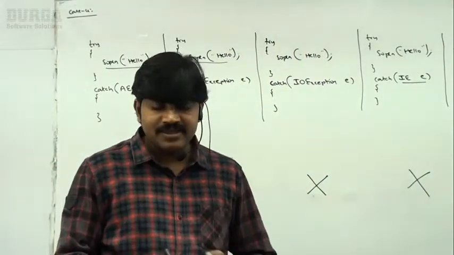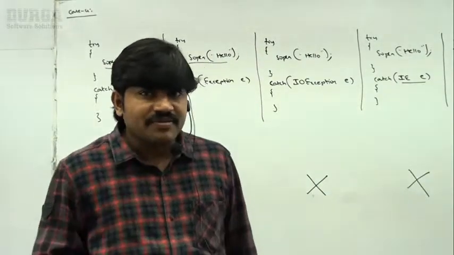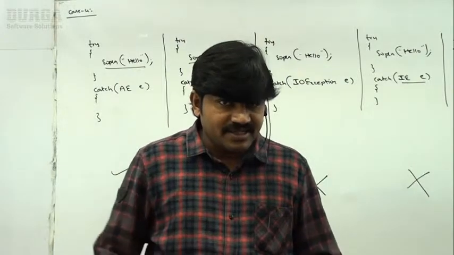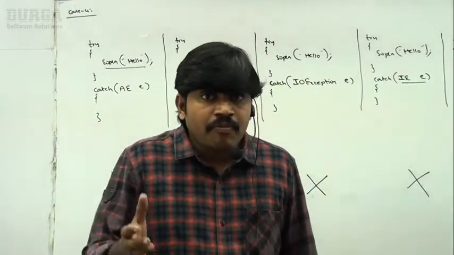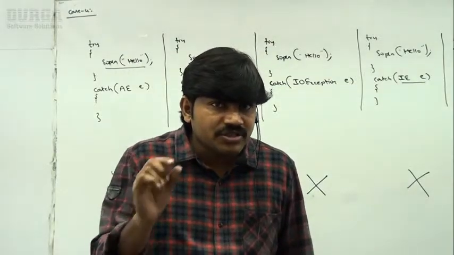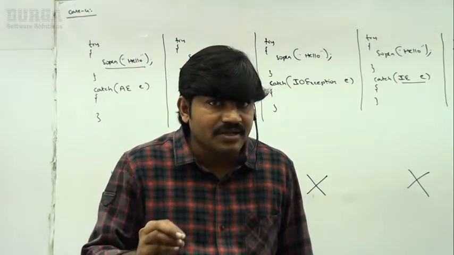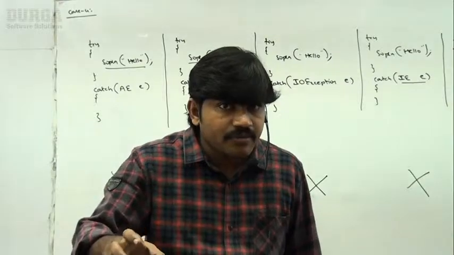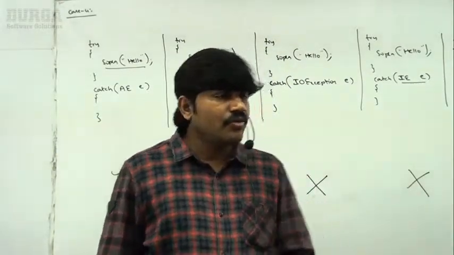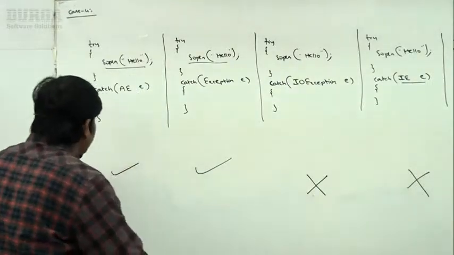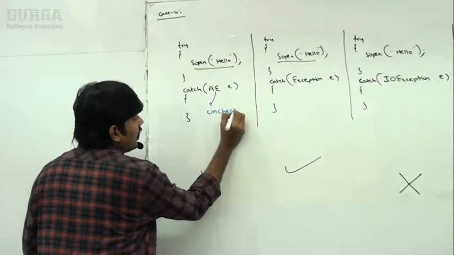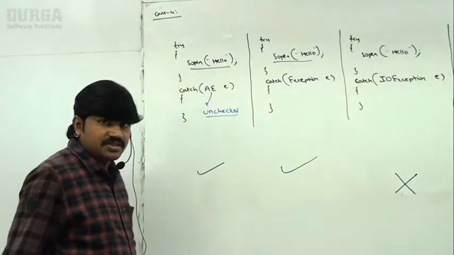The reason is, in the last video I covered the difference between checked exception and unchecked exception, and what is partially checked and fully checked. Have you remembered? If you didn't memorize, just go through that video. Now have a look once. ArithmeticException is very clearly unchecked.